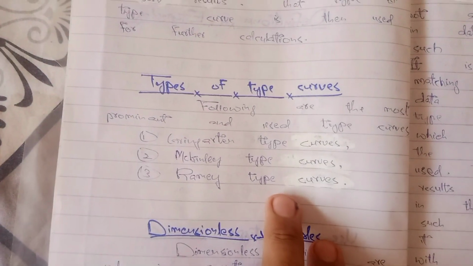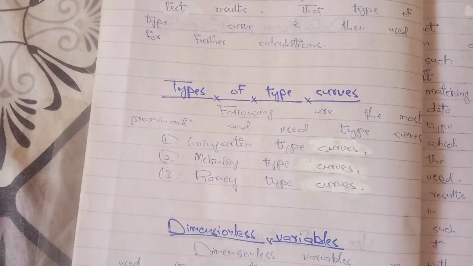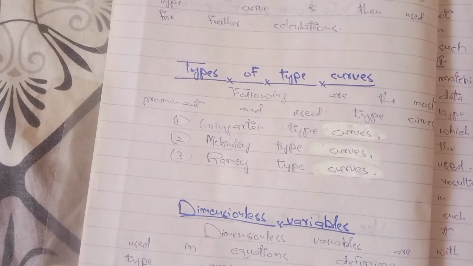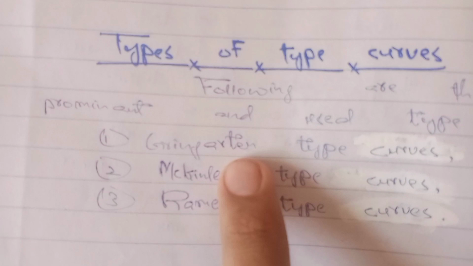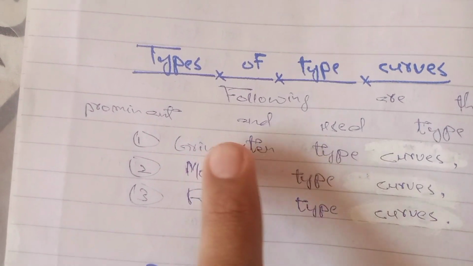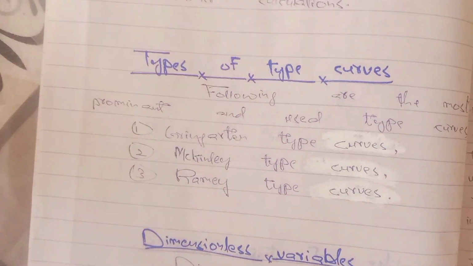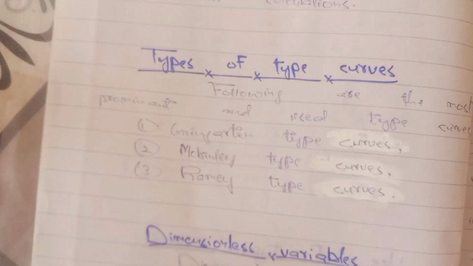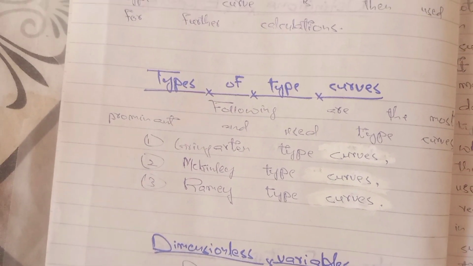So these are some of the famous type curves. This is Gringarten. I always try to understand the origin of the word. Green Garden is basically, I suppose, an English word, and it means a garden which is green, like greenery. So Green Garden is the name of a person, but its name means something which is green.